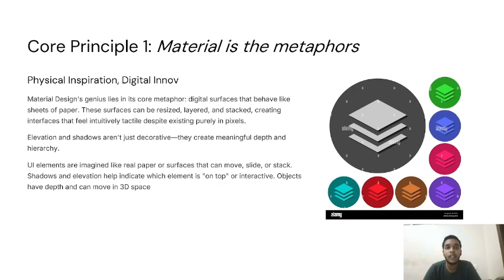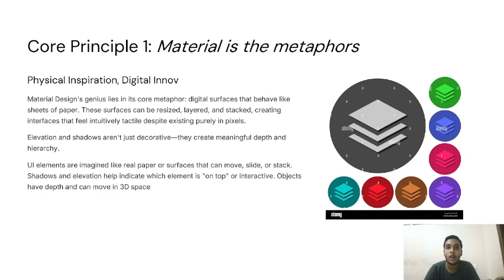As we discussed about material design, there are some core principles for material design. The first one is material is the metaphor. Now coming to what material is the metaphor means: digital surfaces that behave like sheets of paper. These surfaces can be resized, layered, and stacked, creating an interface that feels intuitive despite existing purely in pixels.